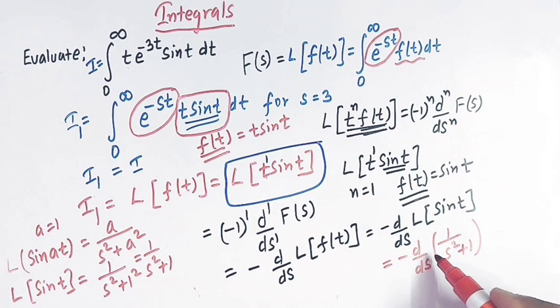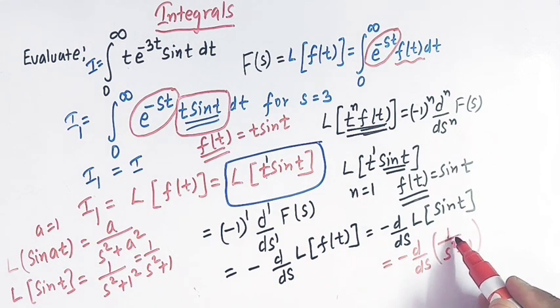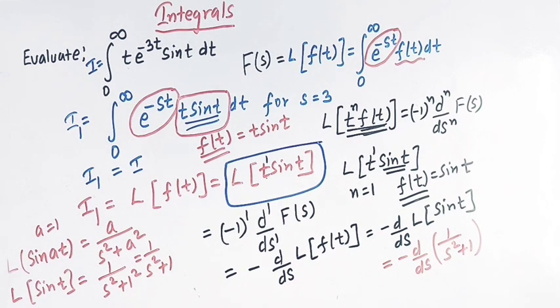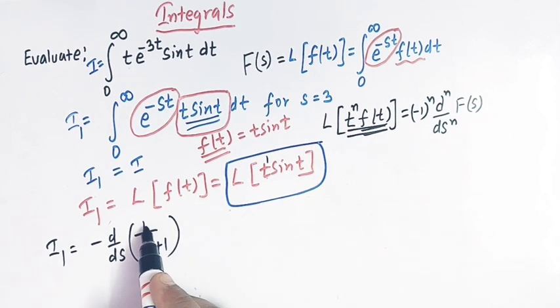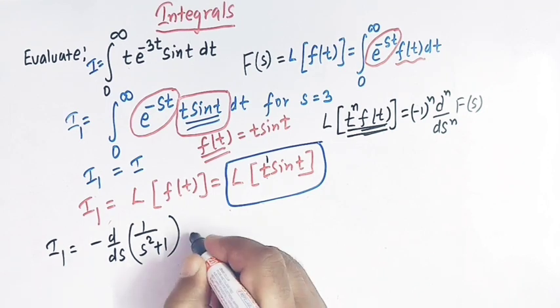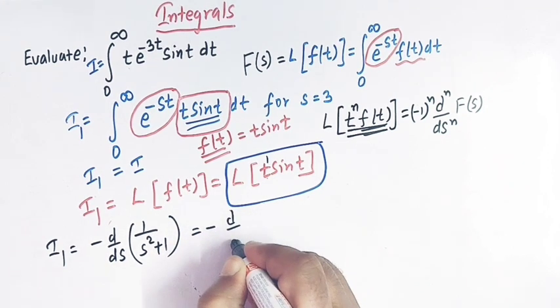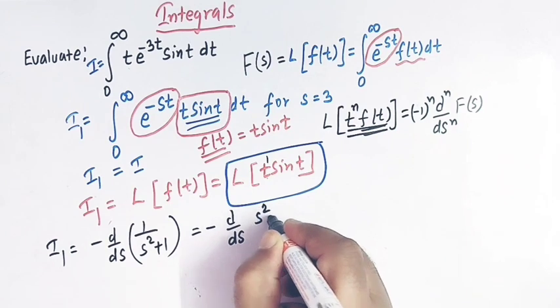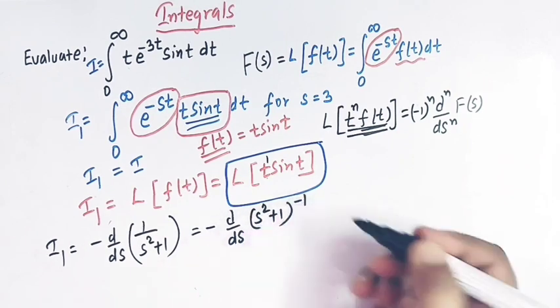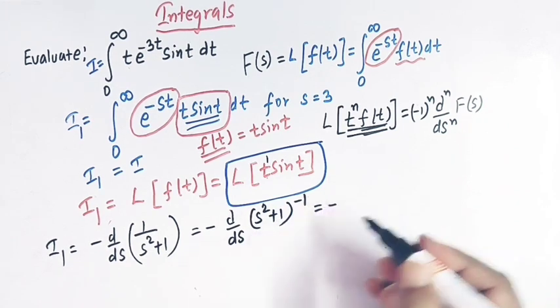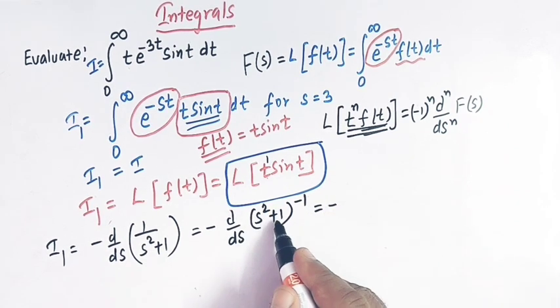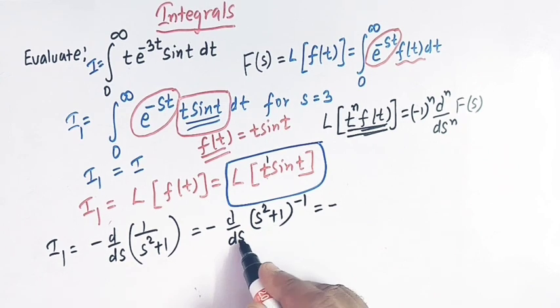So now we have to find the derivative of this function 1 over s square plus 1 with respect to s. So we can now write it like this: d by ds of s square plus 1 raised to minus 1, right? Okay, so now here we can easily find the derivative of s square plus 1 raised to minus 1 with respect to s.